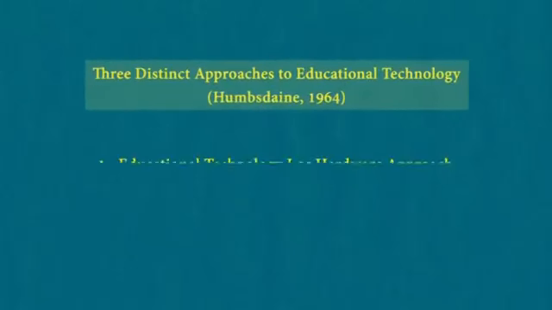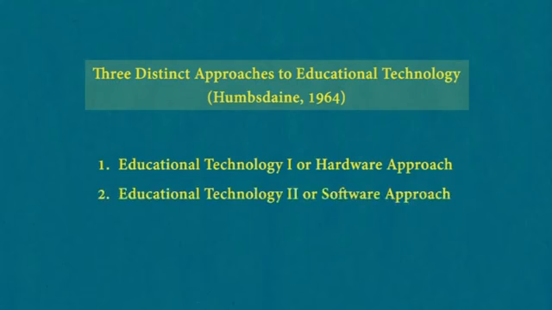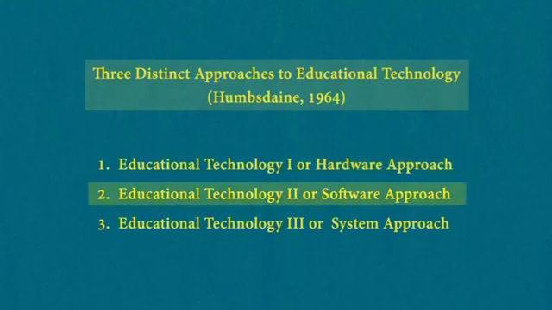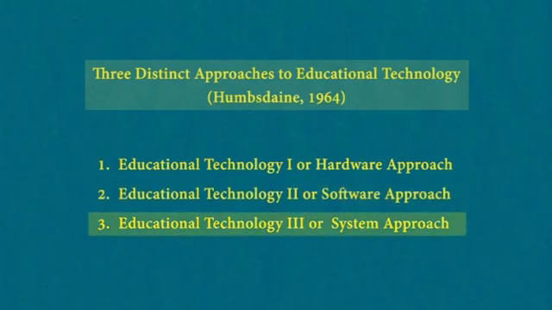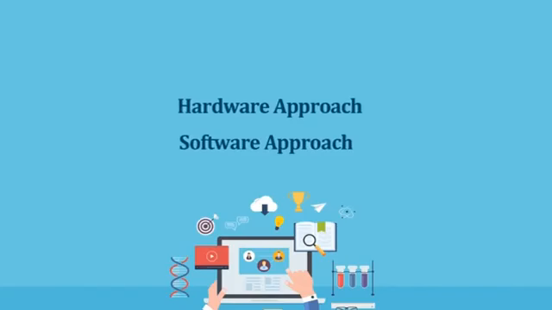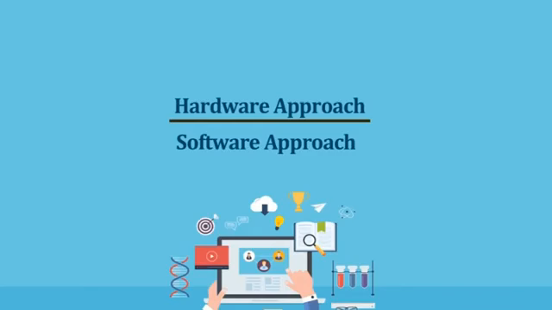Hamsten has listed three distinct approaches to educational technology, which are Educational Technology 1 or hardware approach, Educational Technology 2 or software approach, and Educational Technology 3 or system approach. Here, hardware and software components will be discussed elaborately. First, we will go through the component of hardware approach.